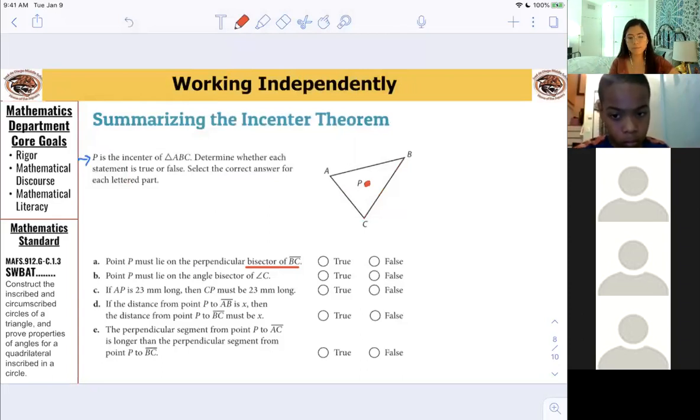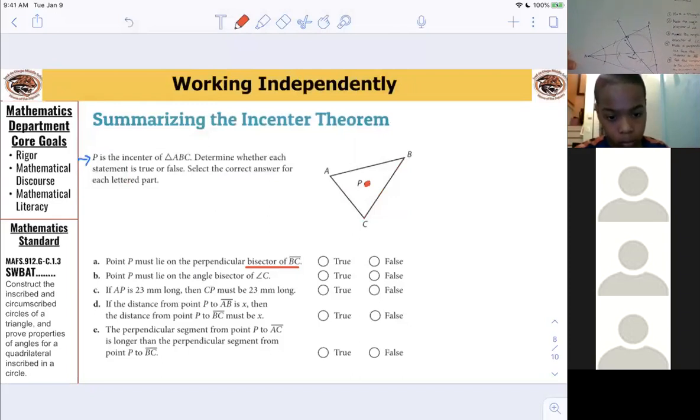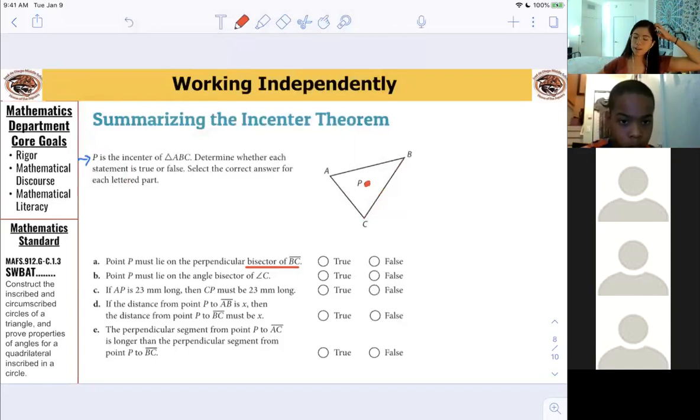Then you would have to make a perpendicular bisector. Nope, read again. You have to make an angle bisector of angle C. Angle bisector, not perpendicular bisector. Also, it's false.